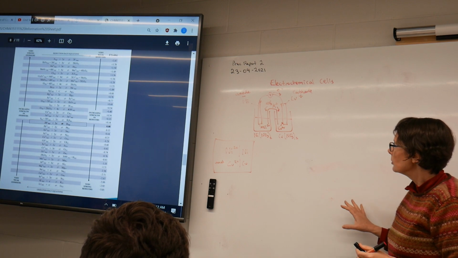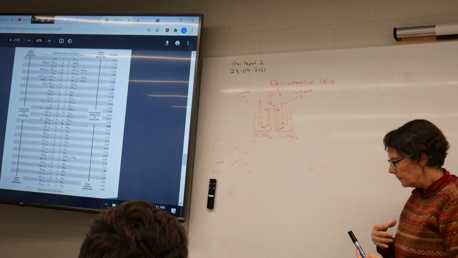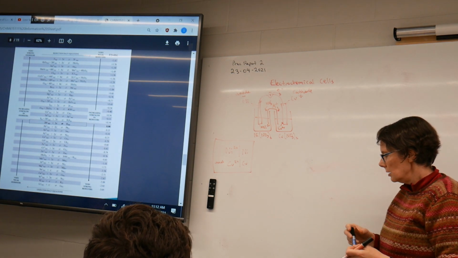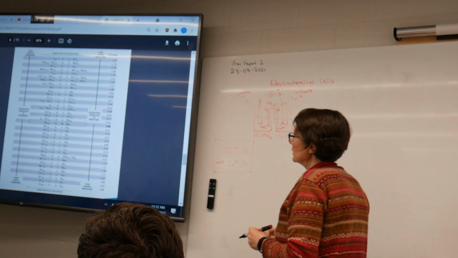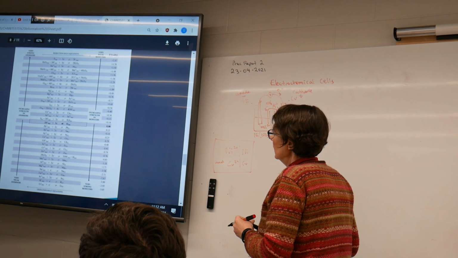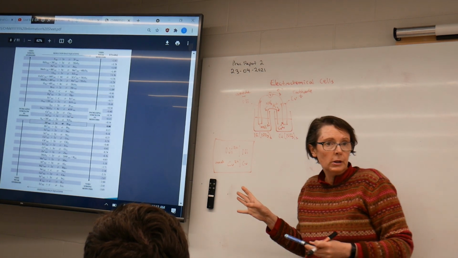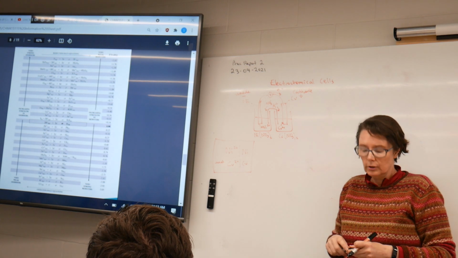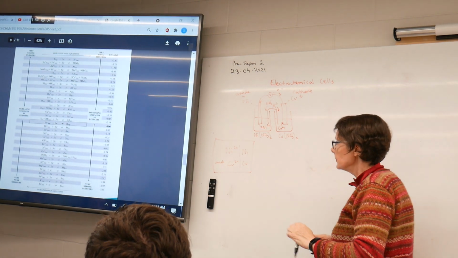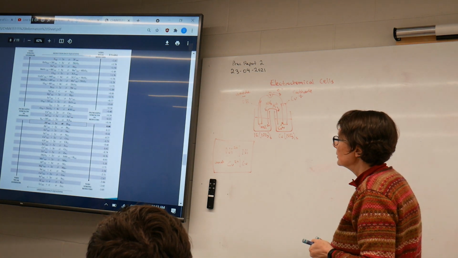Now, I did briefly talk to you about what happens if we've got a metal ion changing oxidation state, as in the Fe2+ Fe3+ example. And we remember we needed to use an inert electrode to enable that reaction to take place. Well, what happens if we're reacting gases?